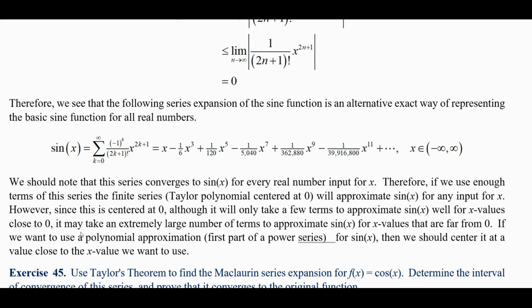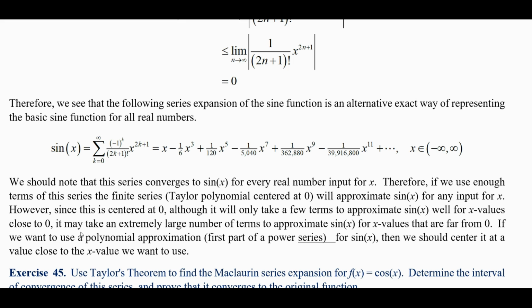One thing we need to note is this convergence. The series converges to sine of x for every real input for x. Therefore, if we use enough terms of this series, of the finite series, a Taylor polynomial centered at 0, it will approximate sine x for any input for x.